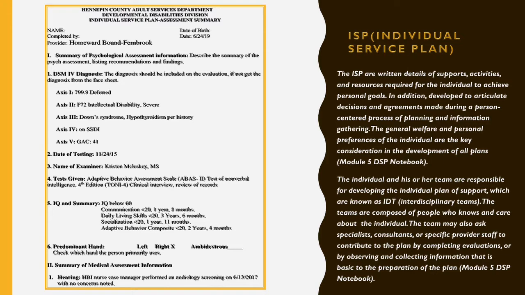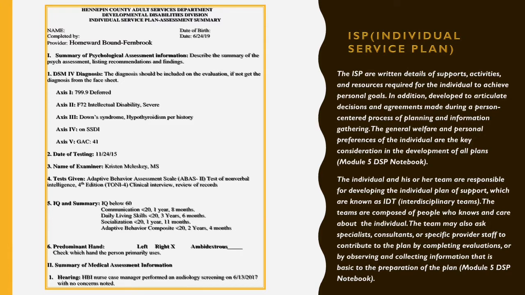Now, the ISP is our written details of supports, activities, and resources required for the individual to achieve personal goals. In addition, it is developed to articulate decisions and agreements made during a person-centered process of planning and information gathering. The general welfare and personal preference of the individual are the key consideration in the development of all plans.